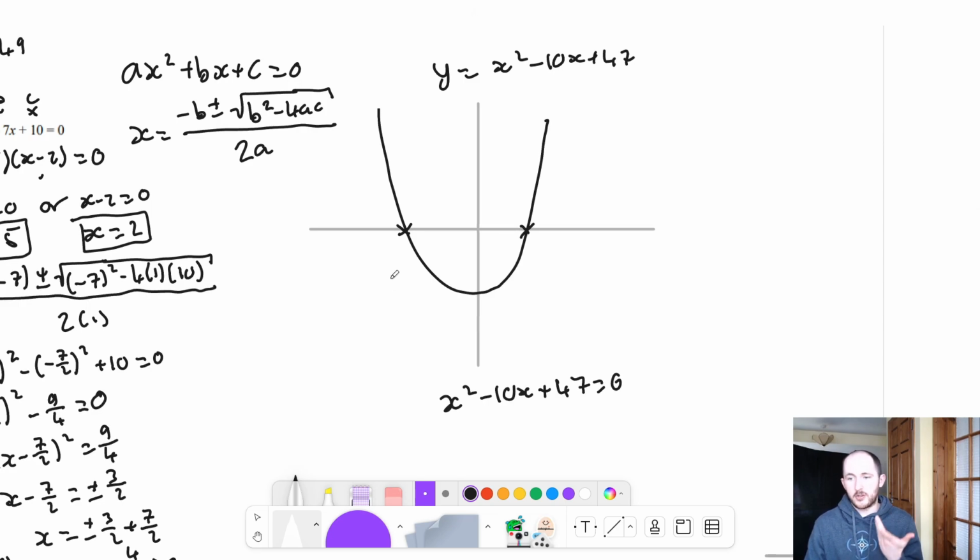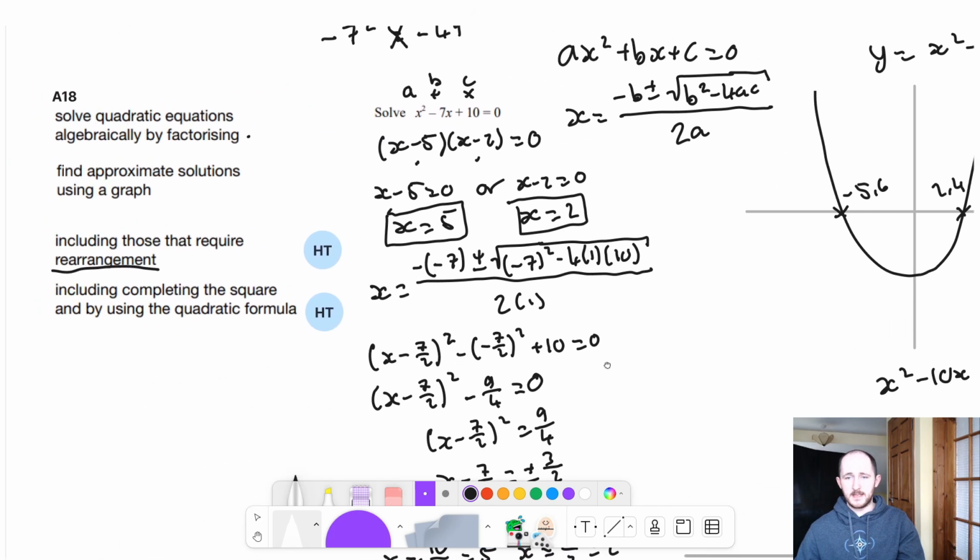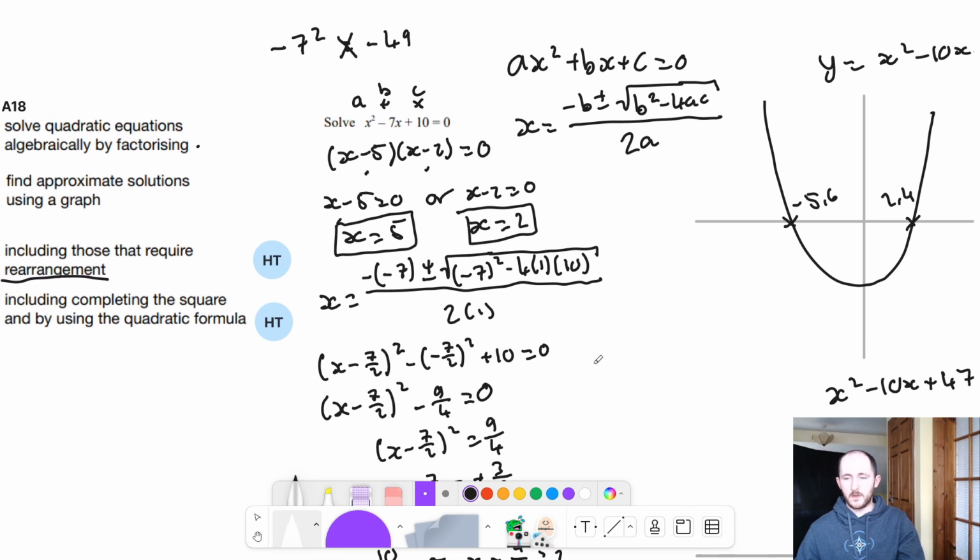And what they're trying to get you to do is relate the fact that this equation of the graph here is the same as this equation. When this equation equals 0 is when it crosses the x-axis. So then all you're doing is reading off those points. So there could be anything like, I don't know, 2.4 minus 5.6 or whatever. Okay. So those are the different ways you need to be able to solve quadratic equations.